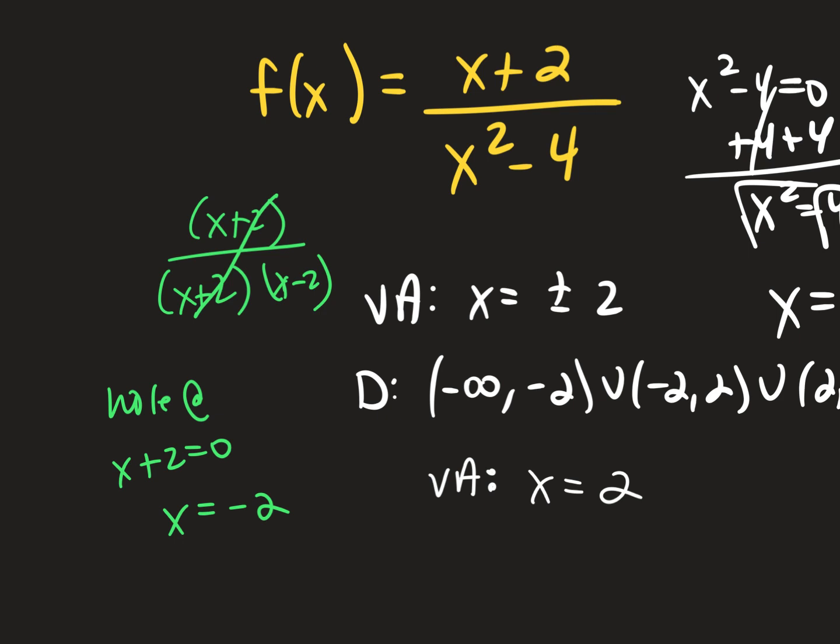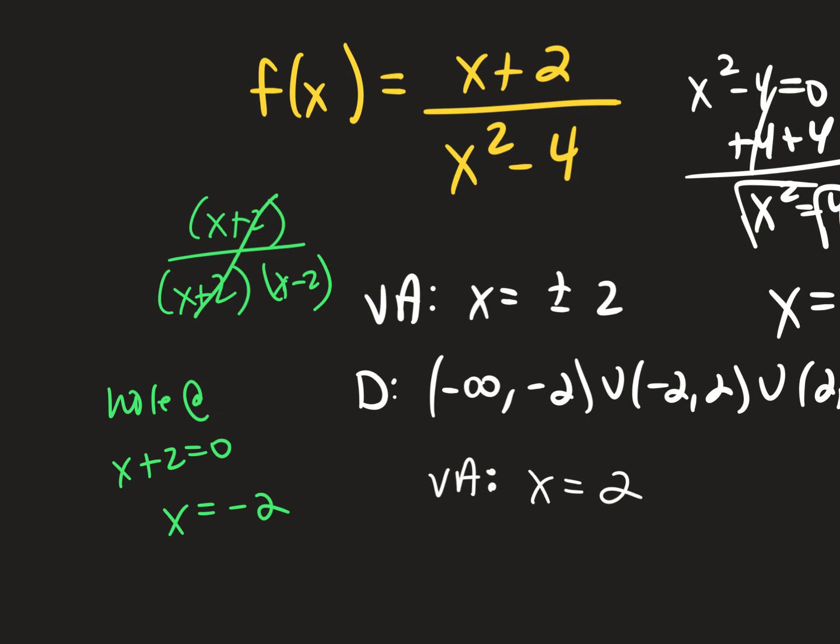So you don't account for that asymptote, because there's actually not a vertical line there. It's just a hole. If you find your asymptotes and then a hole occurs at that same spot, then you don't account for that under your asymptotes.